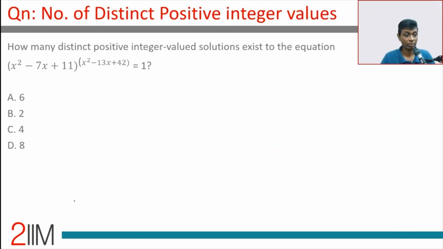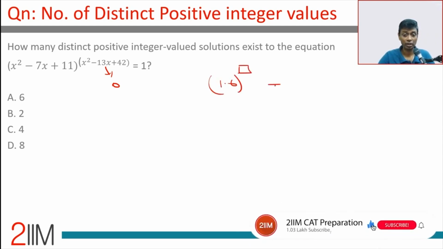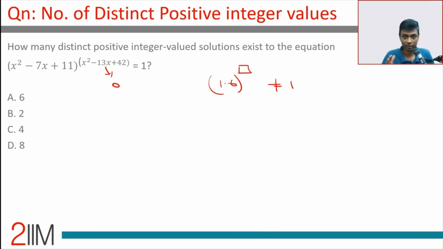Or this has one real solution. X square minus 7x plus 11 whole power x square minus 13x plus 42 is 1. Sounds like an incredibly tough question. But think about this. Any number power 0 is 1. So this could go to 0. Fine. If you have a number other than 1 power anything apart from 0, it cannot be 1, because if it's a number greater than 1 power a positive number, it will keep going higher and higher.